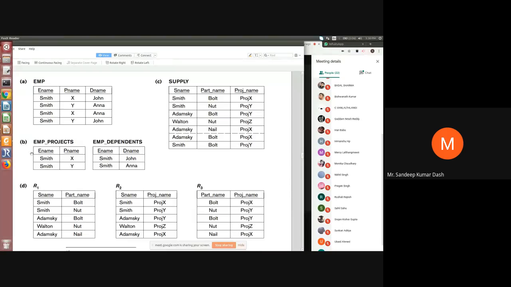on spurious tuple, generation of spurious tuple? Why spurious tuple is coming? Because the division is not proper. Why are you dividing? Because in the process of normalization, in order to achieve higher normal form, you tend to divide the original relation into multiple further relations.